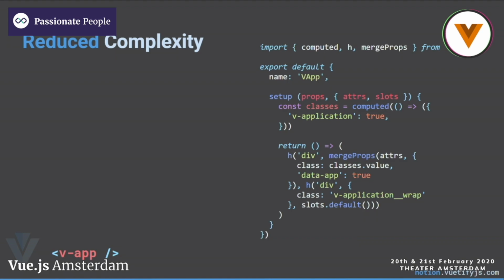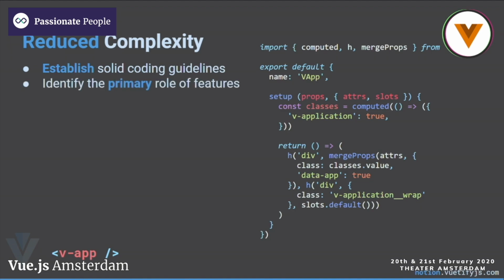One of the things that we've done is we've reduced the complexity. If you've poked around with the Vue 3 composition API, this is probably not too new to you. But again, we wanted to establish a solid coding guideline for what this looked like. We wanted to identify the primary roles of features. We want to have the functionality scoped very tightly and not make something so verbose. vSelect is a great example.